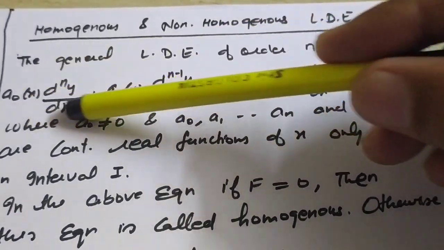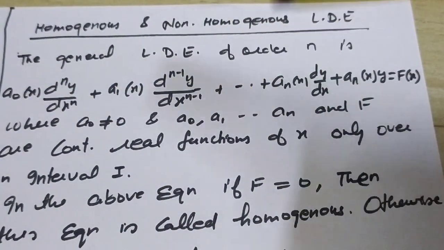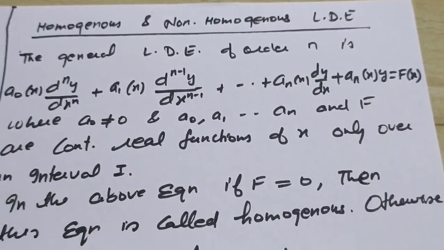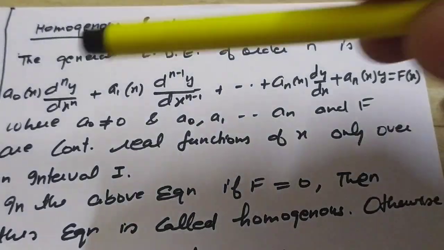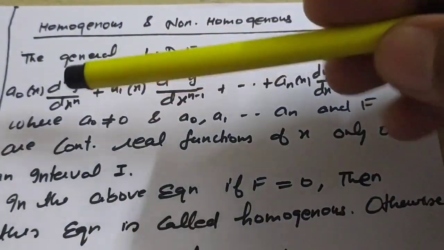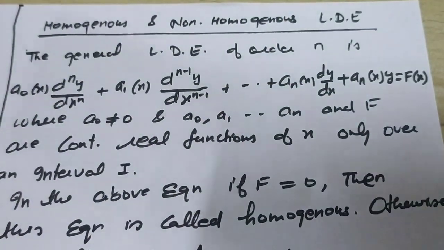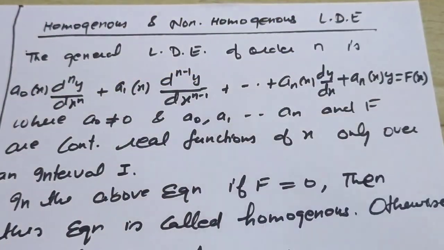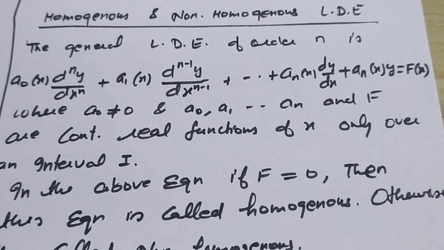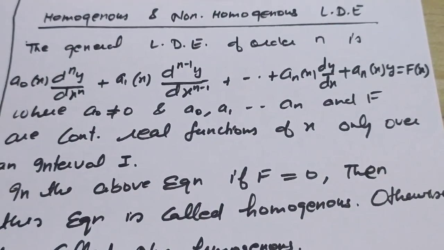This is the general expression for linear differential equation of order n. First you look at this. This is of degree 1 because the power of d^n y over dx^n is 1, and order n because its nth order derivative is occurring in this differential equation.